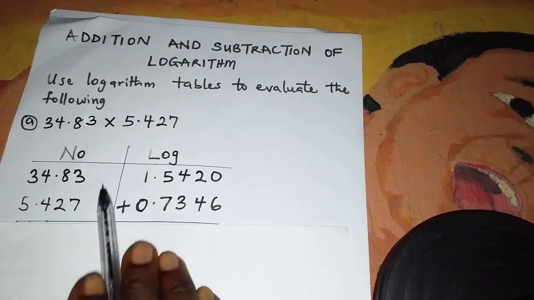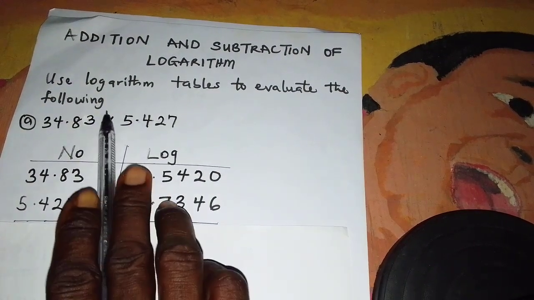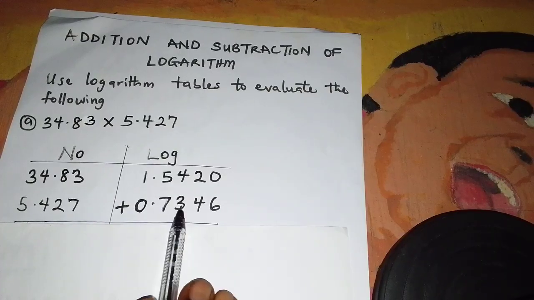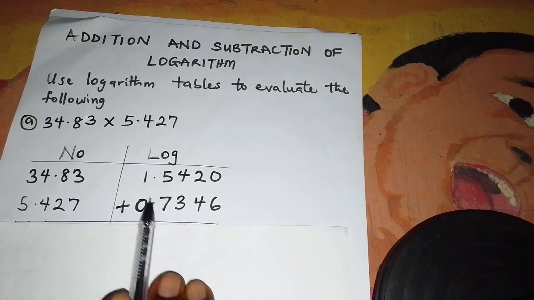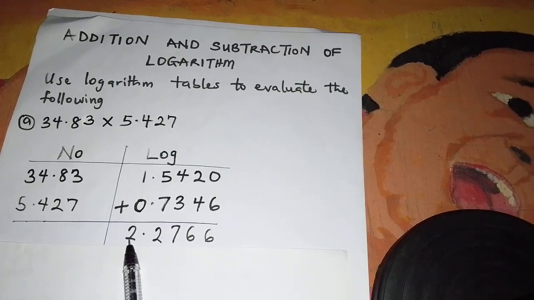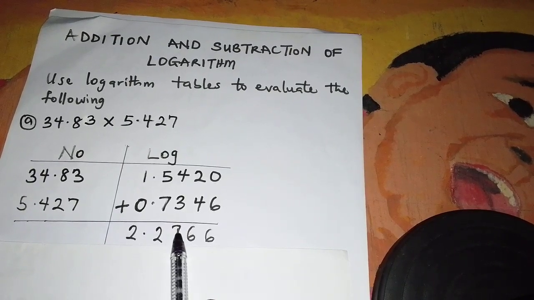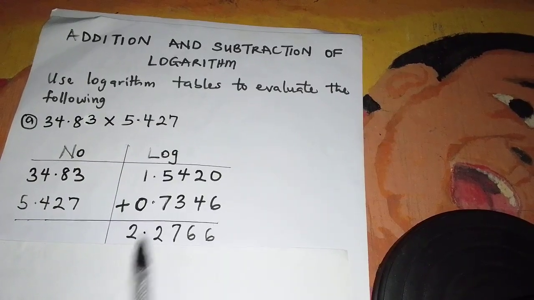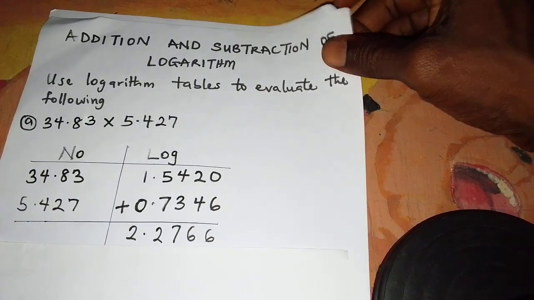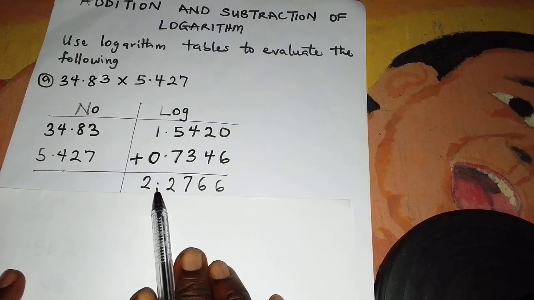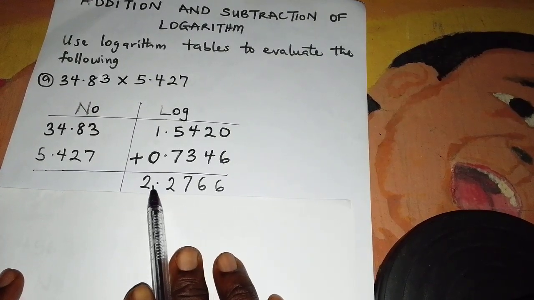So since you are using the logarithm table, whenever you are given multiplication, after finding their logarithms, you are going to add their logarithms. When you add the logarithms, you have 2.2766.